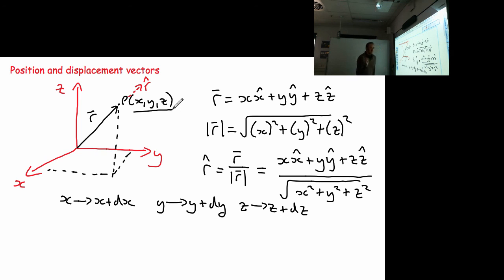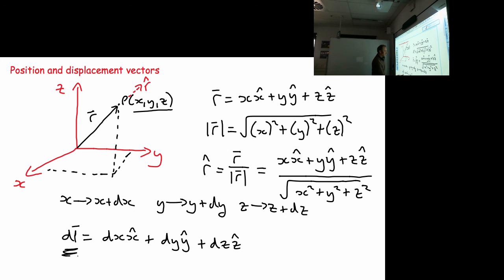So our infinitesimal displacement vector then is dl equal to dx x hat plus dy y hat plus dz z hat. Now it's important to take note of this because this infinitesimal displacement vector is going to come up time and time again throughout this course.